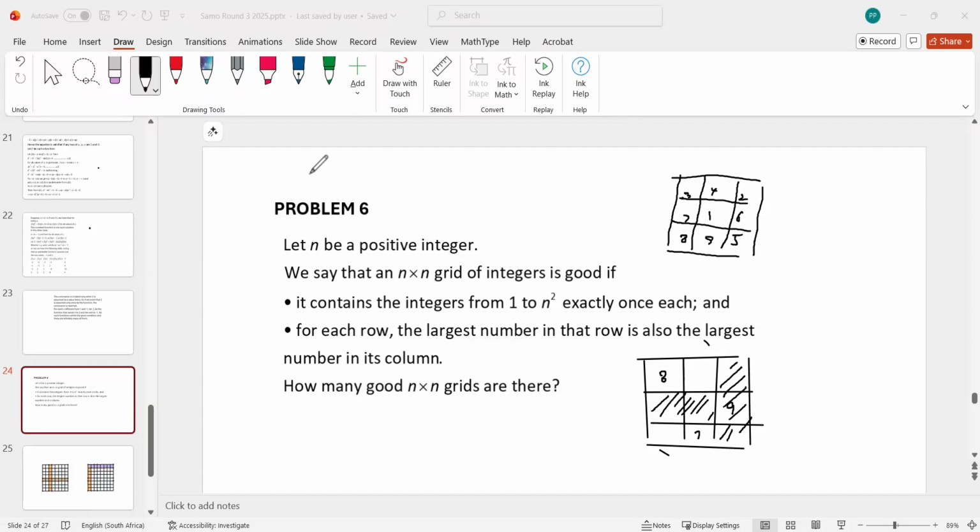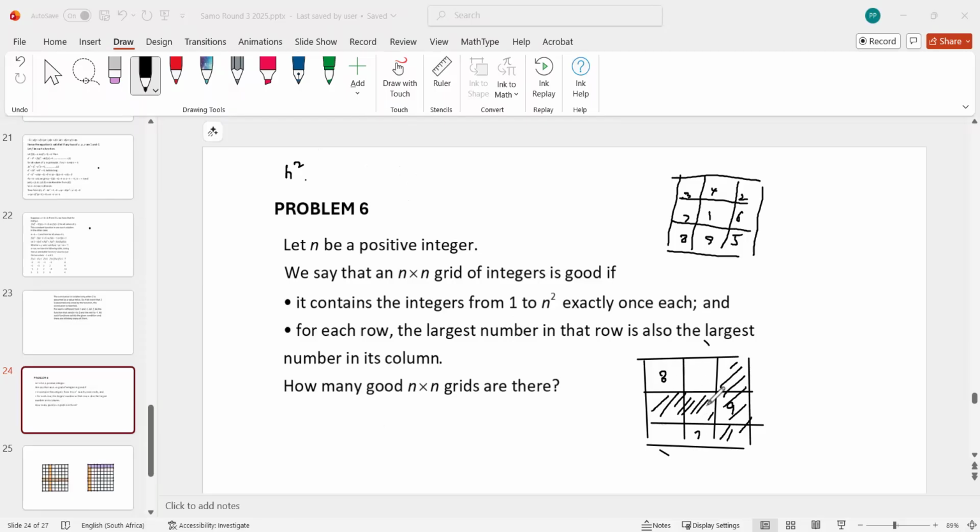We said anywhere. Right. Now you have to choose the second largest number. We're not mentioning what the second largest number is, but that number is n squared minus 1. Right? We want to find out how many ways that number can be placed.